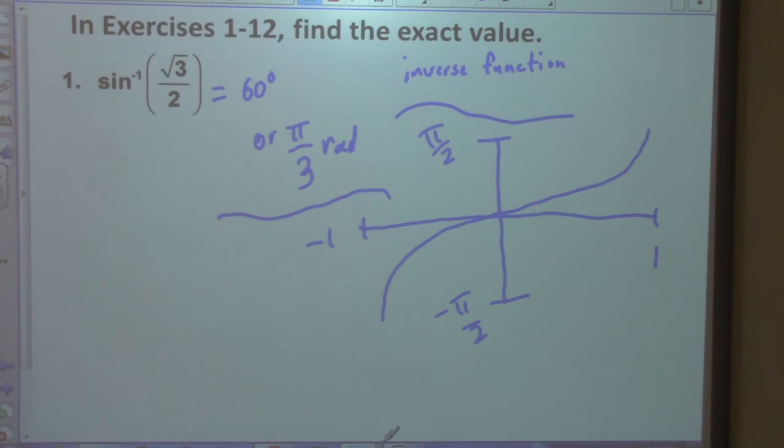One way to look at it is this. So you're looking right over here at your sine values, which are these y coordinates. And you see your square root of 3 over 2 right here. And the angle that produces that is going to be 60 degrees or pi over 3 radians. So you kind of work backwards using that. Did you catch that, Carmen?